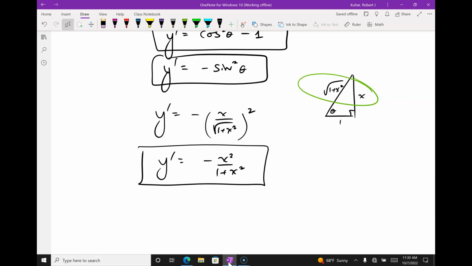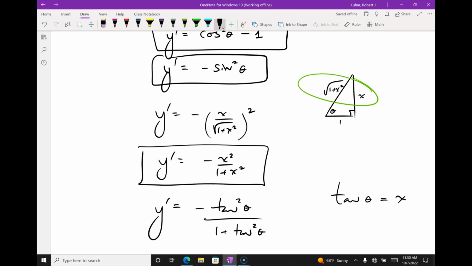And what about solved in terms of tangent theta? Remember, our original problem was tan of theta is x, right? So I've got minus tan squared theta over 1 plus tan squared theta. Solved in terms of tangents.